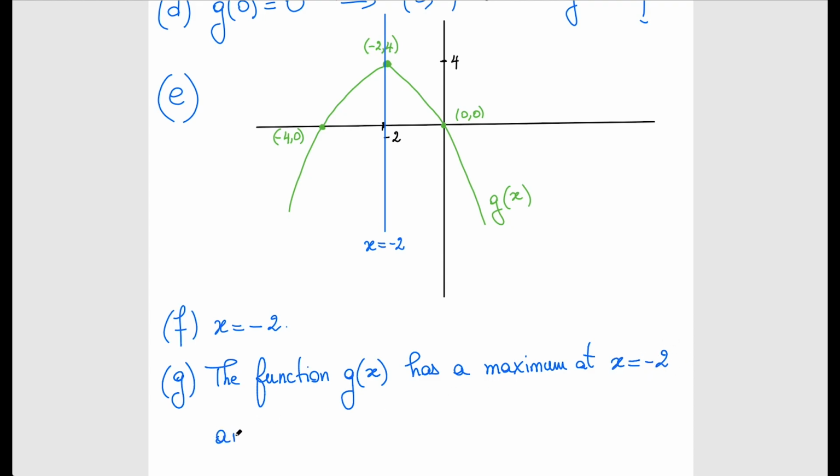And the maximum value is f of -2, which is equal to, so f of h is going to be the k, and the k in our context is 4, right? It's explained through the picture, the graph. So at -2, the function attains its maximum, its largest value, which is this point, and which is of height 4. So the maximum value is 4, right?